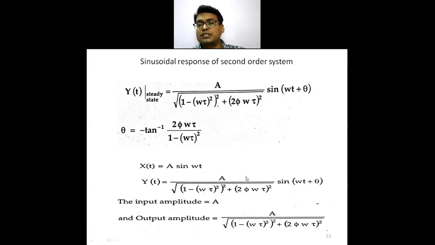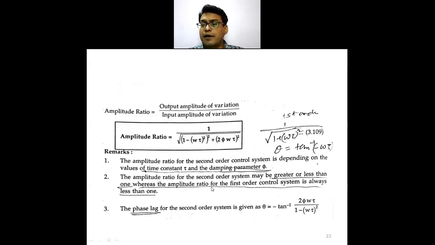Then the amplitude ratio, which is the output amplitude of variation upon the input amplitude of variation, is 1 upon the square root of [(1 minus omega tau squared) whole squared plus (2 phi omega tau) squared]. This is the amplitude ratio.